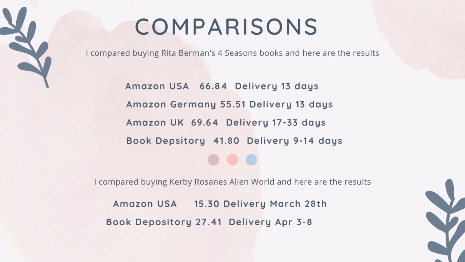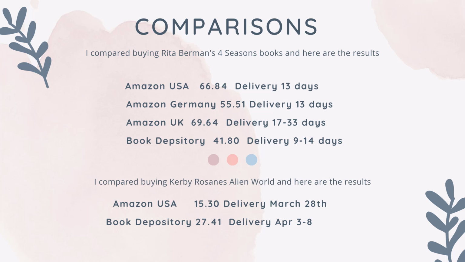Here are some comparisons that I did for this series. I put Rita Berman's books that are summer, winter, fall, and spring, all 4 books, into my shopping cart and had it calculate the shipping and the delivery. And these are my results.